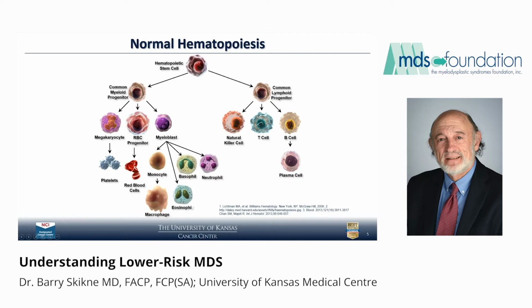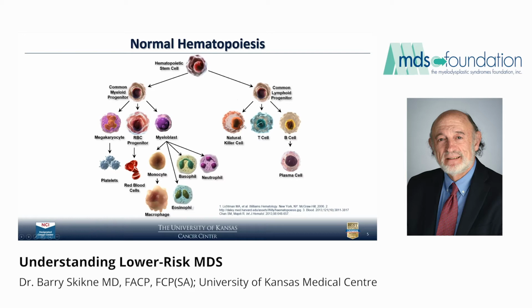So we start off with a hematopoietic stem cell, and there's a limited number of these that we're born with and that are in the bone marrow, and they give rise to two different types of cells, the common myeloid progenitor or the common lymphoid progenitor.